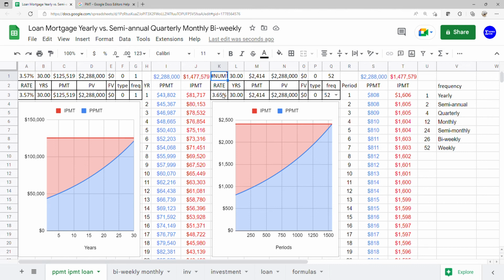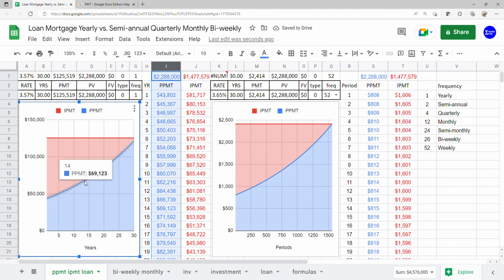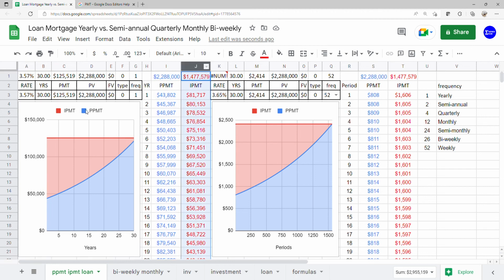But again, we have these values starting from 808 going up, and our interest going that way. That's for the interest. Likewise, for the principal, we have these values, and the interest, these values.